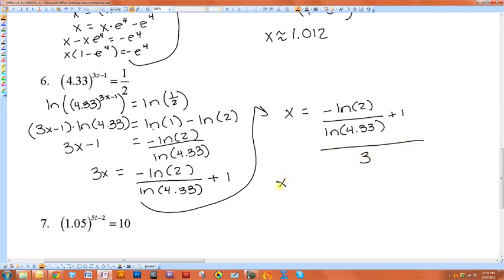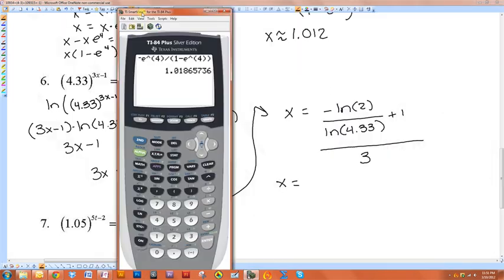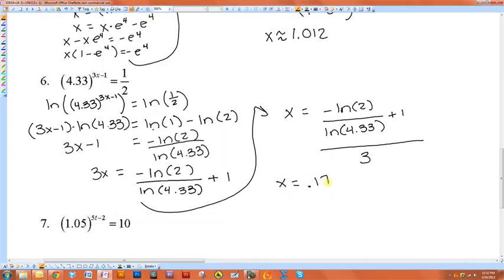However, if you would like to find out what it is approximately, negative natural log of 2 divided by the natural log of 4.33, plus 1, divided by 3, is approximately 0.176.